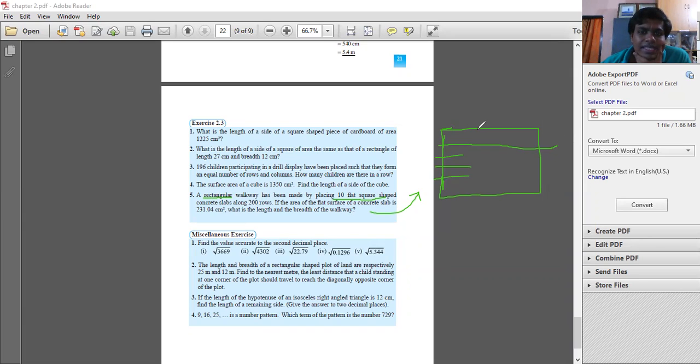If the area of the flat surface of a concrete slab is given, what is the length and the breadth of the walkway?